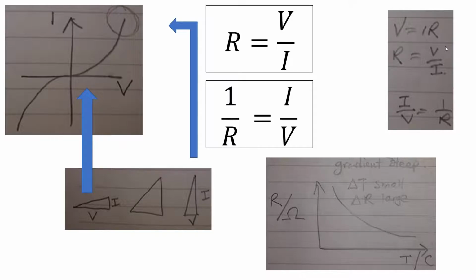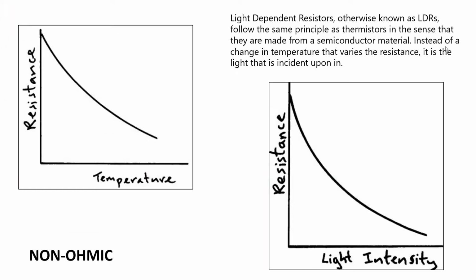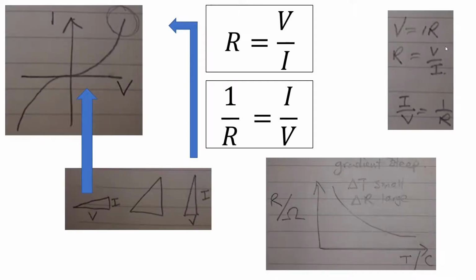If you look at the bottom right, this is like the graph on the left. On the right hand side, as you increase temperature, you decrease resistance. If you look at the gradient at the beginning of the graph, where the temperature is close to 0, you have a very large resistance.